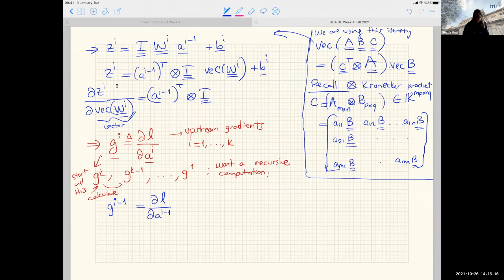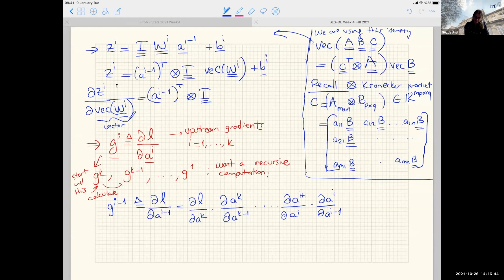And this again comes from the last derivative, del L by del A_K, and remember our chain rule: del A_K by del A_{K-1}, dot del A_{i+1} by del A_i, and dot del A_i by del A_{i-1}. That's the definition of my upstream gradient at the point i-1.